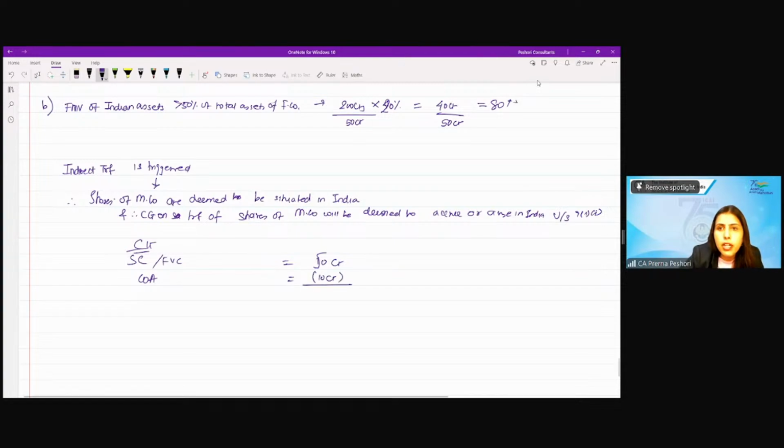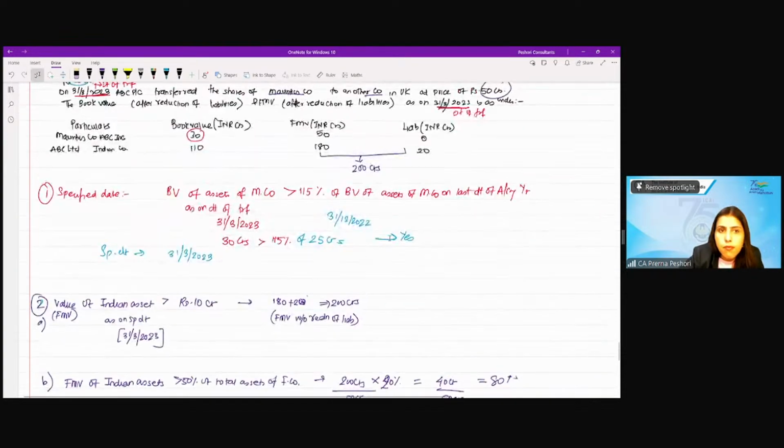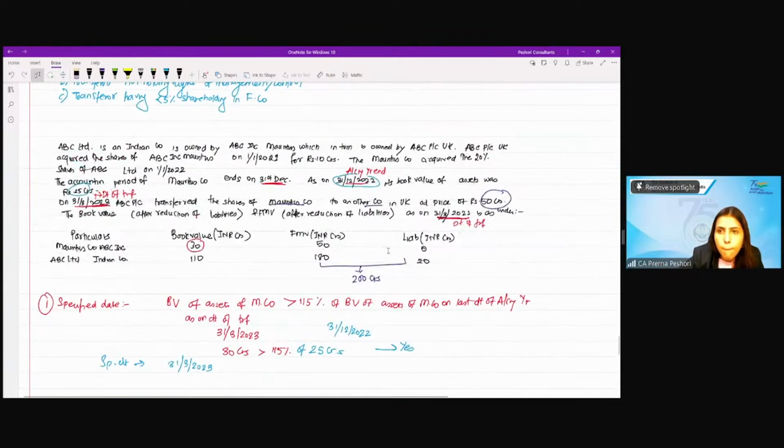Long term or short term capital gain? Whether it's a long term or short term? What is the period of holding? 12 months, 24 months.